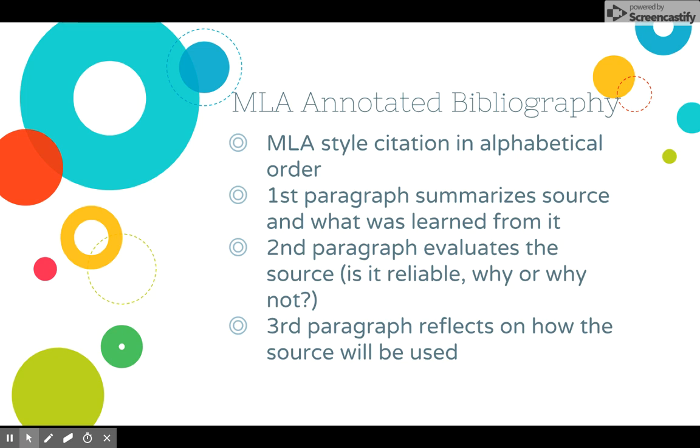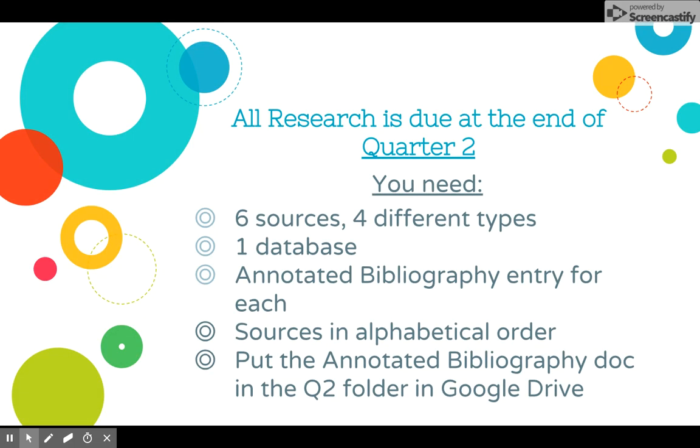The most important thing I would say for formatting is to look at the Annotated Bibliography rubric. Really look at that rubric, see what those formatting requirements are, and make sure that you have checked all the boxes, okay? All of your research needs to be done by the end of quarter 2, all 6 sources of 4 different types.